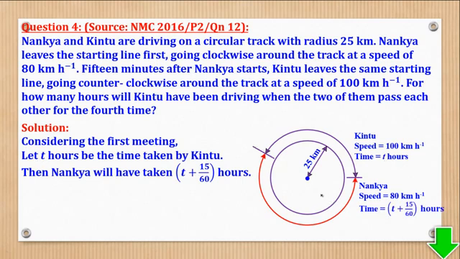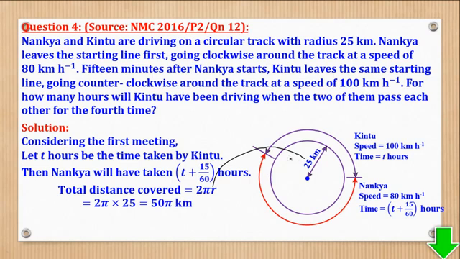There is time. What about distance? We are going to realize that this is now a circle. So the distance covered will be the circumference of the circle. The circumference of a circle is 2 pi r, and now r is 25. So come and substitute for r. You'll come up with 50 pi kilometers.